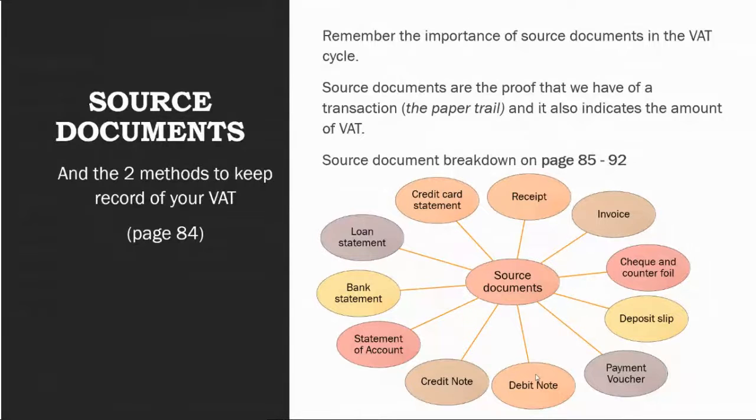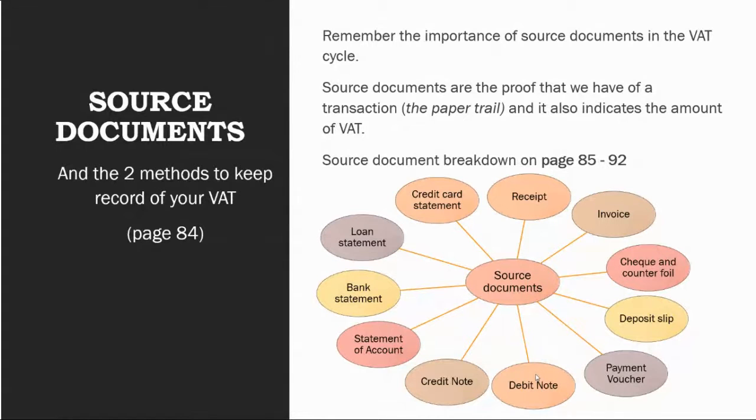Okay, so let's quickly look at what type of source documents we actually find in practice. You get the receipt, which can also be a cash slip. You get an invoice. Now there you will have to know whether it's the original or duplicate, depending on who receives it.